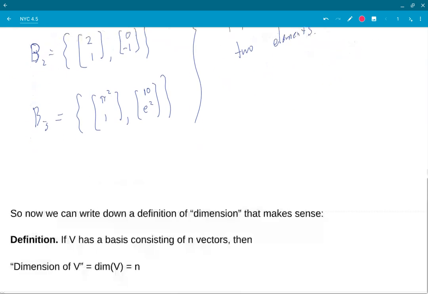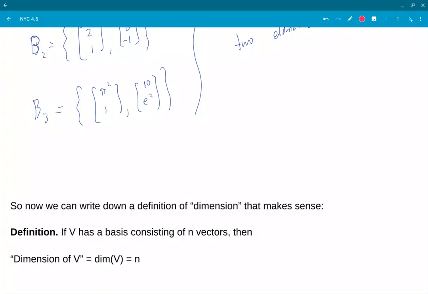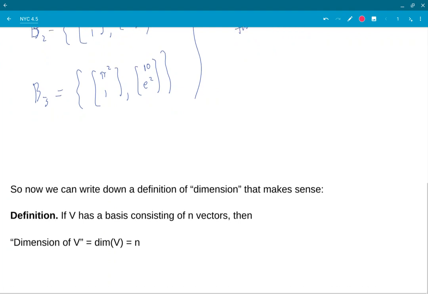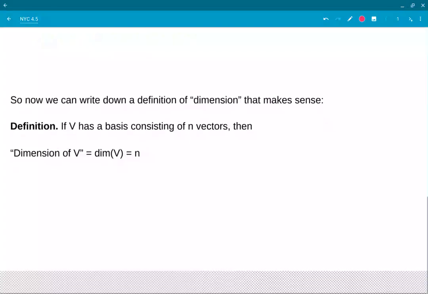I hope you agree that the definition wouldn't make any sense if you were, for some reason, able to have a basis with 6 vectors and also a basis with 7 vectors. Okay, this definition would not be suitable. It would be completely wrong.